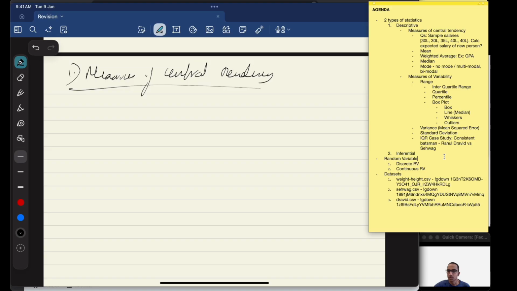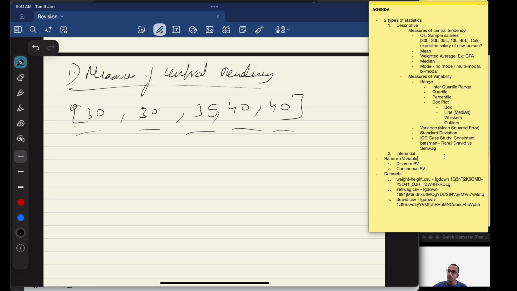Let's take the sample salaries: 30, 35, 40, 40. So here the question is, the HR is looking at a bunch of salaries for, let's say, a software engineer in a big tech company, and found out that these are the average salaries that the candidates were getting.